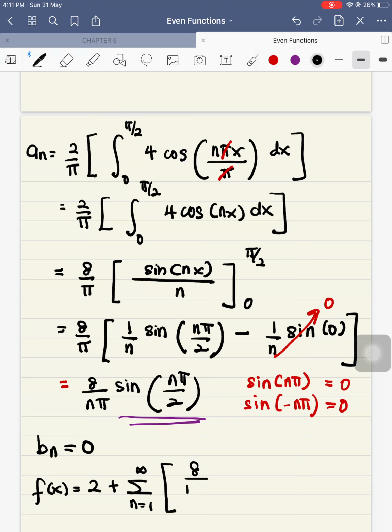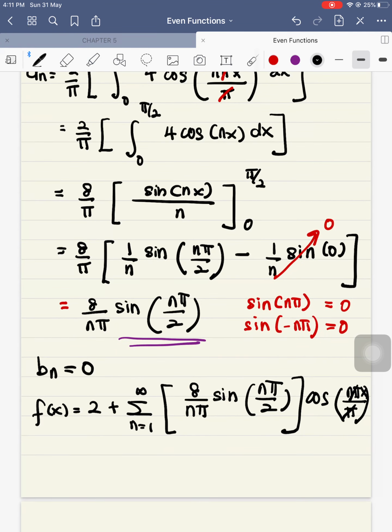So what is your an? 8 over n pi sine n pi over 2. So an cos n pi x over L. What is your L? Your L is equal to pi. So this one can cancel out.